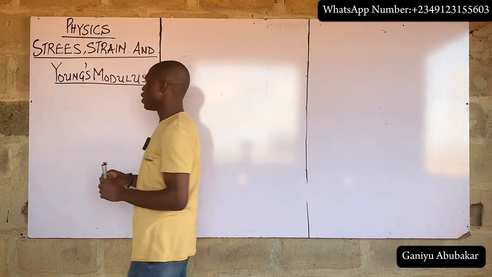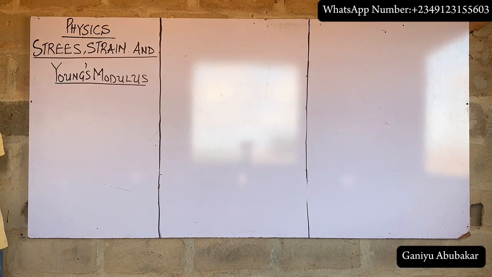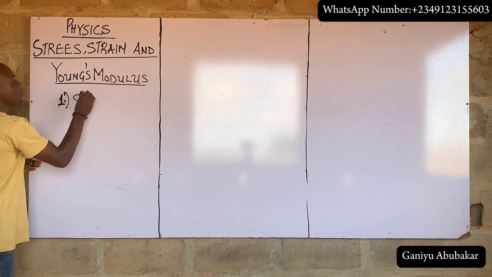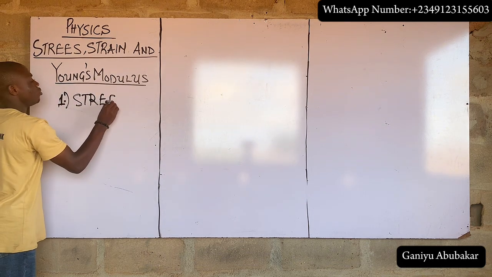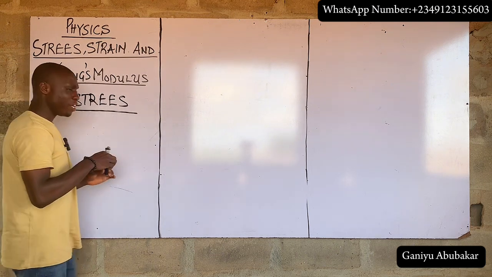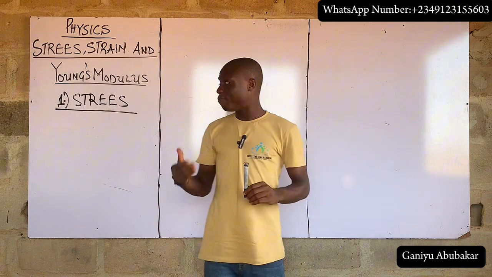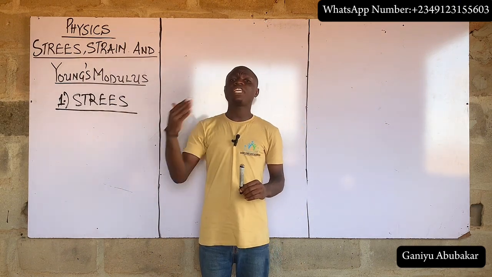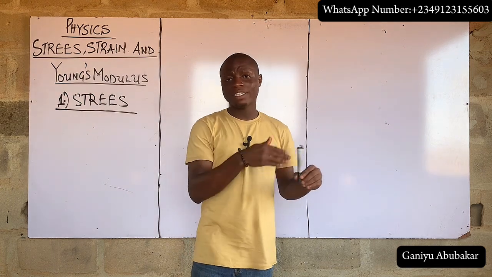Let's start the first one called stress. By definition, stress can be defined as the force acting per unit area of a material.